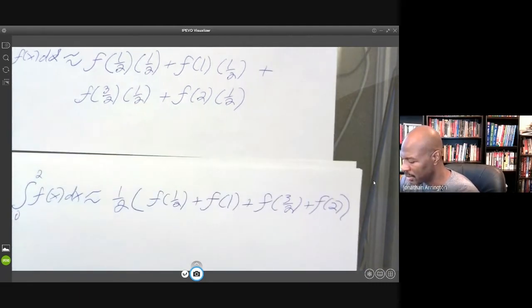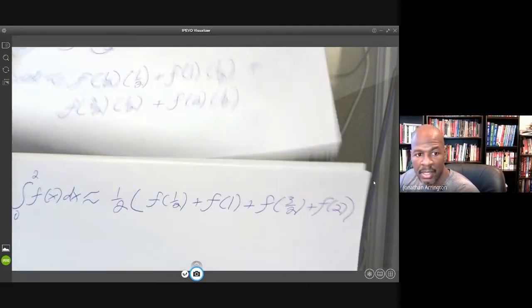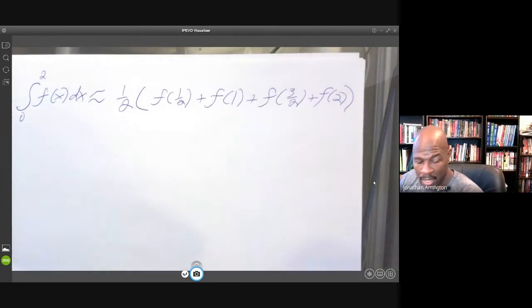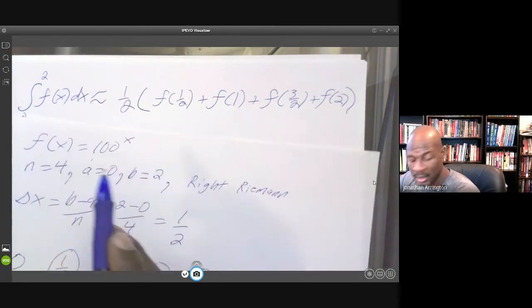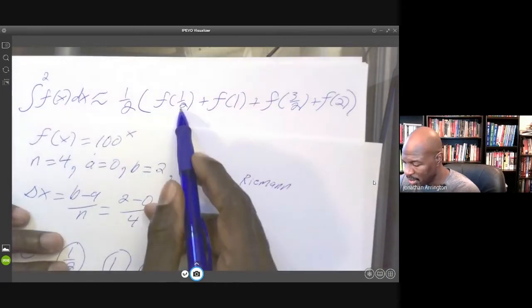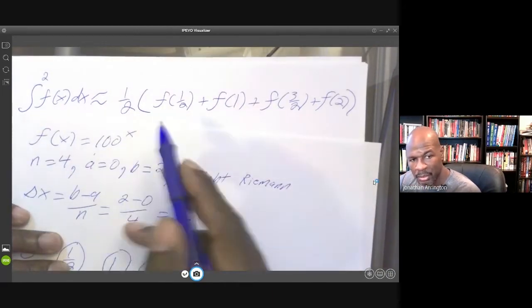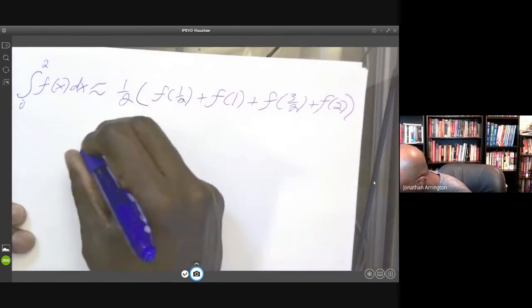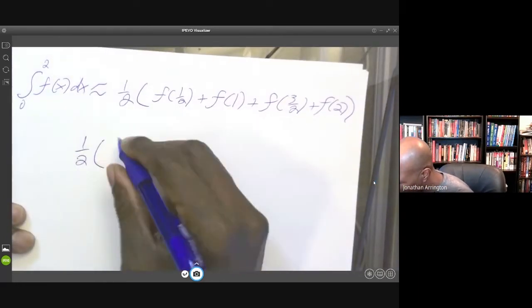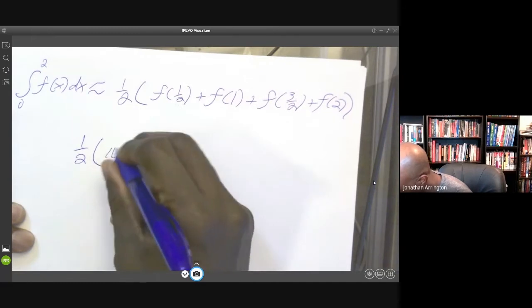All right, so we're just going to figure out what those values are. Now, again, remember f of x is 100 to the power of x. So when I'm finding f of 1/2, for instance, I'm just going to raise 100 to the power of 1/2. So let's do that. 100 to the power of 1/2 is 10.